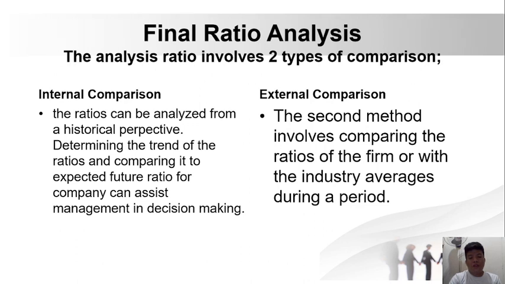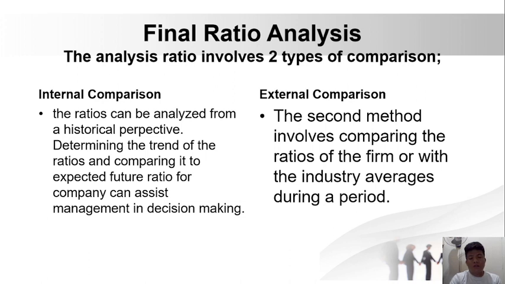Financial ratio analysis. The ratio analysis involves two types of comparison. Internal comparison: the ratio can be analyzed from a historical perspective, determining the trend of the ratio and comparing it to expected future ratios, so the company can assess management and decision making.